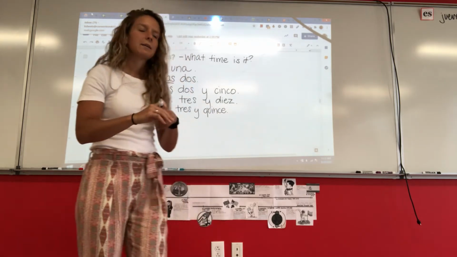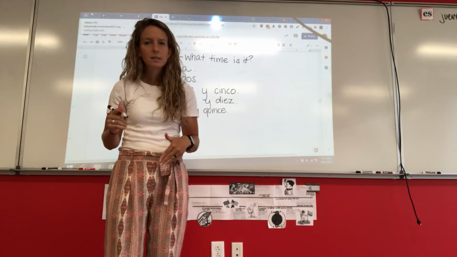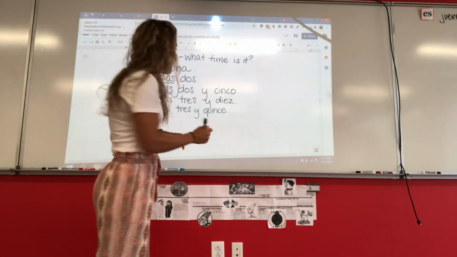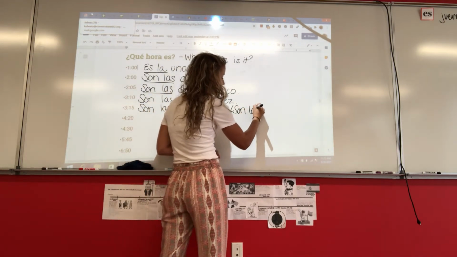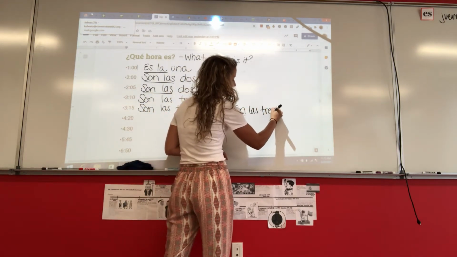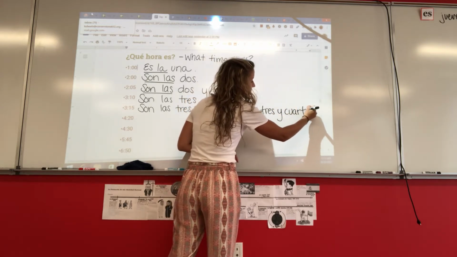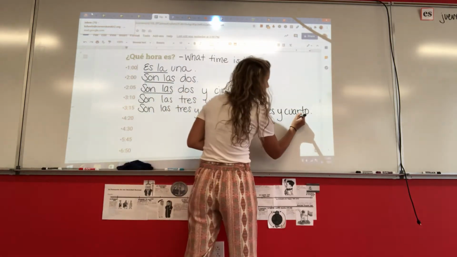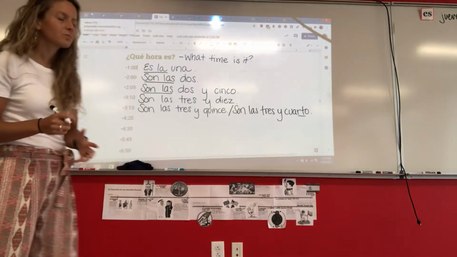There's also another way to say when it's 15 after, like 3:15 or 4:15 or 5:15, all right? Because we do this in English, we say, oh, it's a quarter. So we have another way to say that in Spanish. So let me show you that way as well. You still do son las 3:15. So not cuatro, make sure that you put the R before the T, but quarter.